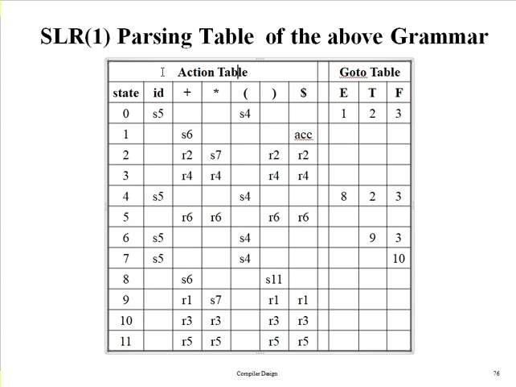All LR parsers' parsing tables contain two subsections. The parsing table is a single table, but internally divided into two sections: the action part and the go-to part.